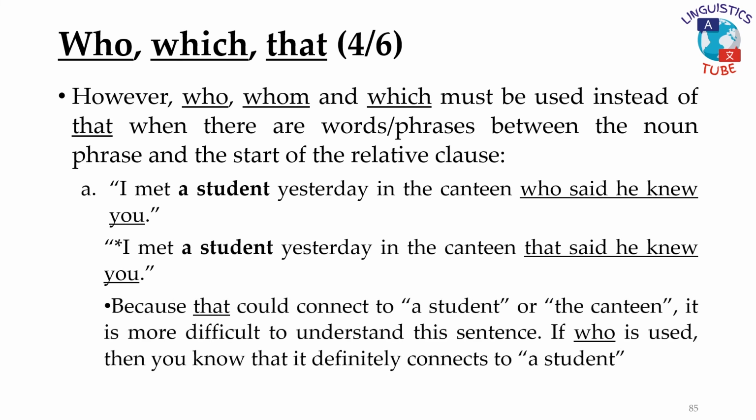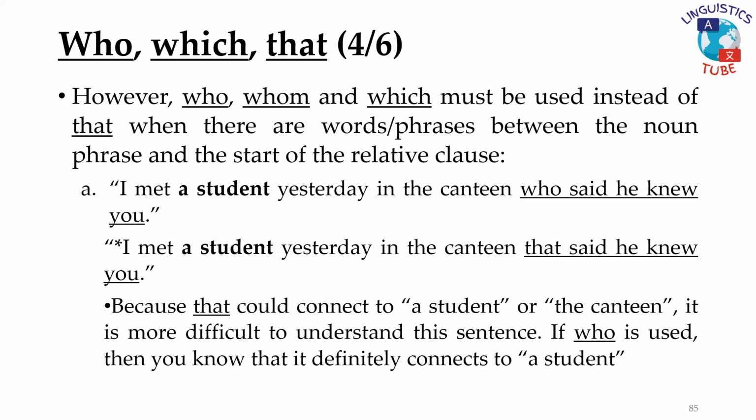The reason for this should be obvious. Interrupting the connection between the noun phrase and relative clause by putting words and phrases between them makes the grammatical link between them weaker and thus more difficult to understand. This is especially true when noun phrases are inserted between them, because now the listener has to work out which noun phrase the relative pronoun connects to.